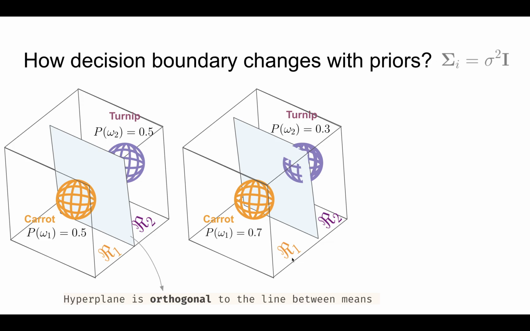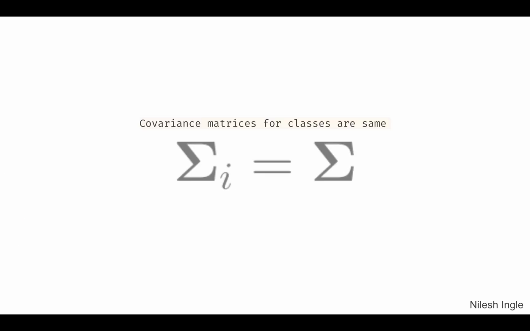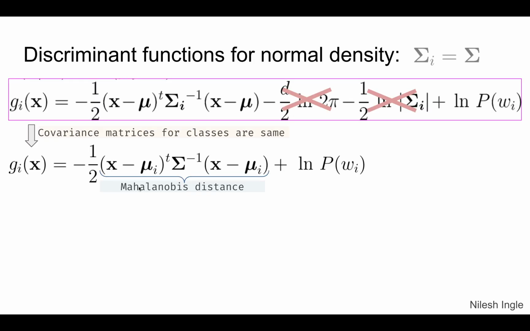The second case we're going to look at is where the covariance matrix is not diagonal, but all the classes have the same covariance matrix. So sigma i is equal to sigma. And so again, in this case, we can ignore these two terms, and based on that we arrive at this term. Remember, in the previous case, this inverse of the sigma matrix was not there because it was diagonal.